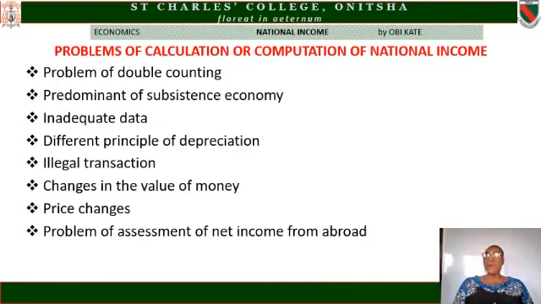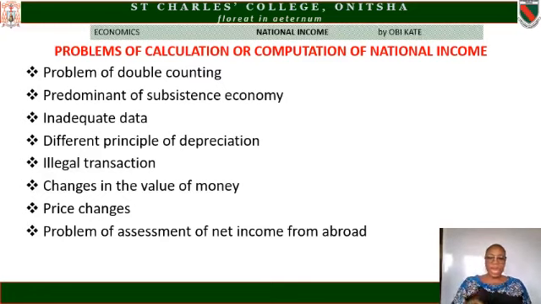Then we have problems of calculating or computing national income. The first one is the problem of double counting. Yes, I have mentioned this before. Double counting, a situation whereby one figure appears twice, gives you a wrong estimate or wrong figure of national income.